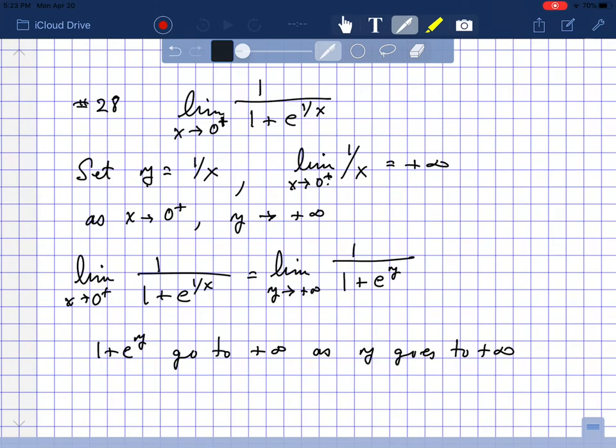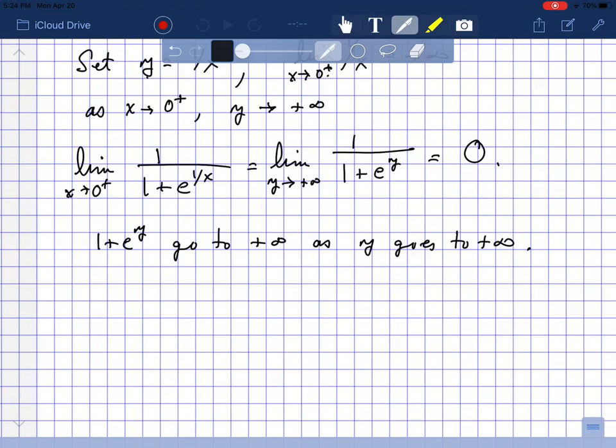It gets bigger and bigger very quickly as the values of its argument get larger and larger. All right, so now this is equal to 1 divided by a number that's getting larger and larger as y goes to plus infinity. So this is going to 0. Okay.